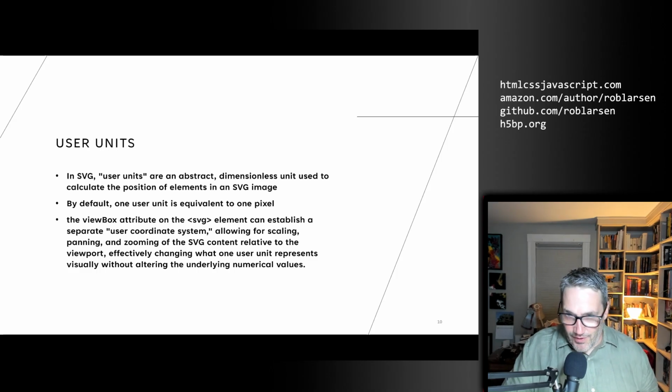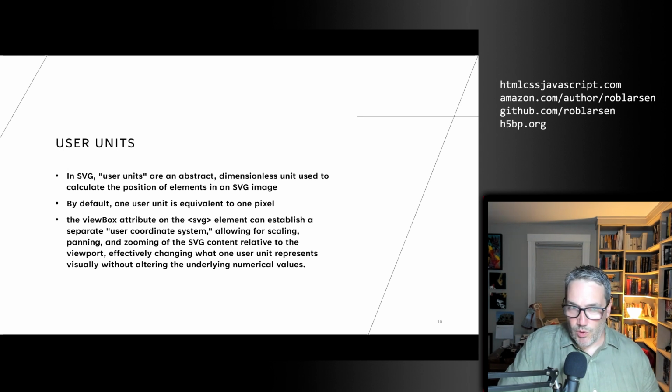Things can get interesting, though. While the initial coordinate system uses these user units that are equivalent by default to system pixels, the Viewbox attribute on the SVG element can establish a separate user coordinate system, allowing for scaling, panning, and zooming of the SVG content relative to the viewport.